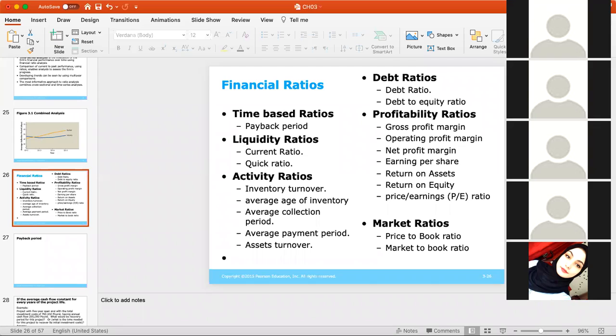Then we can continue. Now we can classify the financial ratios into different subcategories. We have the time-based ratios, liquidity ratios, activity ratios, debt ratios, profitability ratios, and the market-based ratios. Why do we have different ratios? Because each ratio tells us a different story about the company.